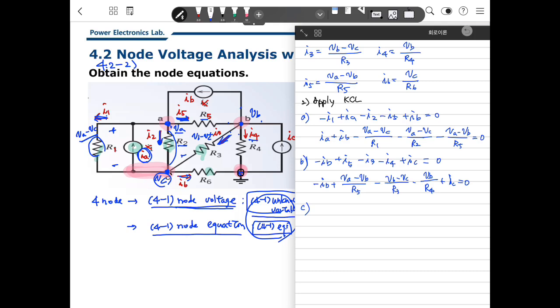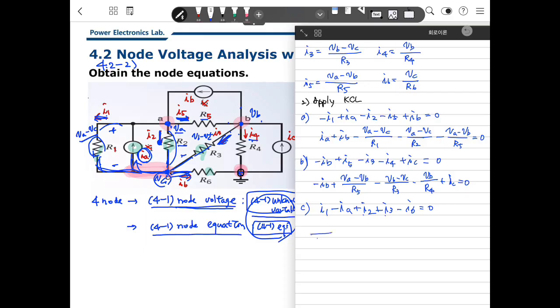Then node C here. There are 1, 2, 3, 4, 5 currents here. First, I1 is going into C, so this is positive I1. And IA is going out of C, so minus IA. I2 is going into C, so plus I2. And I3 is going into C, so plus I3. And I6 is going out of C, so minus I6 equals 0.